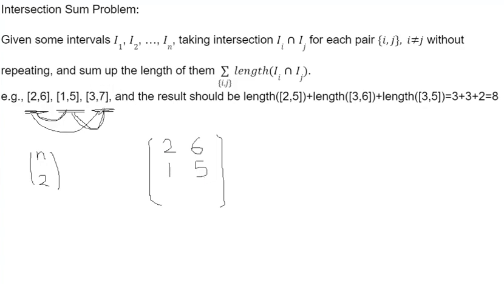And analogously, the third interval 3, 7 in the third row of the matrix. So in general, we have n intervals, and for each interval we have 2 numbers to check: the left endpoint of the interval and the right endpoint of the interval. So the size of the matrix should be n times 2. Okay.